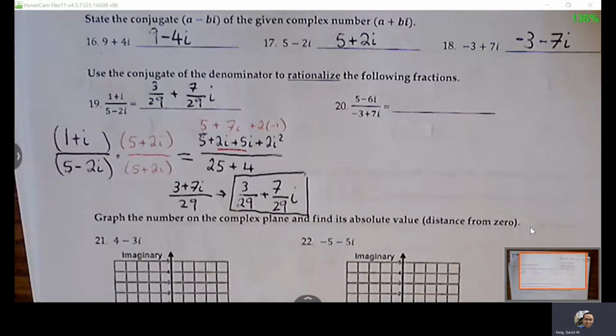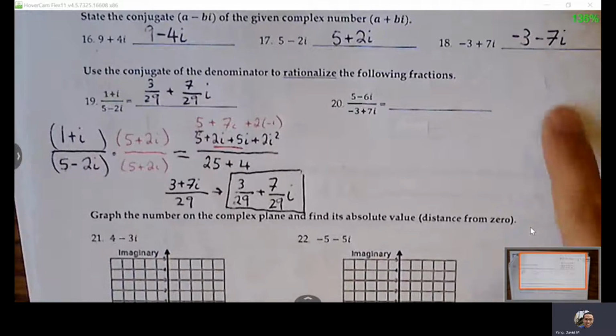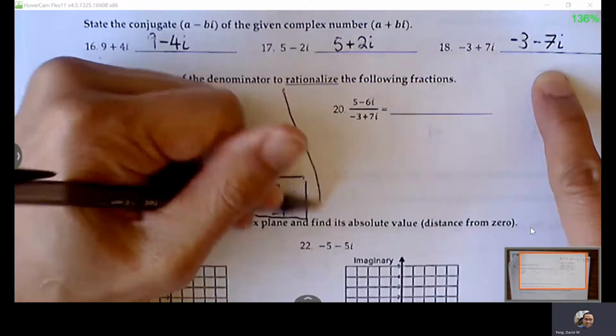Okay, number 20 is the same idea. See if you can go through those steps.